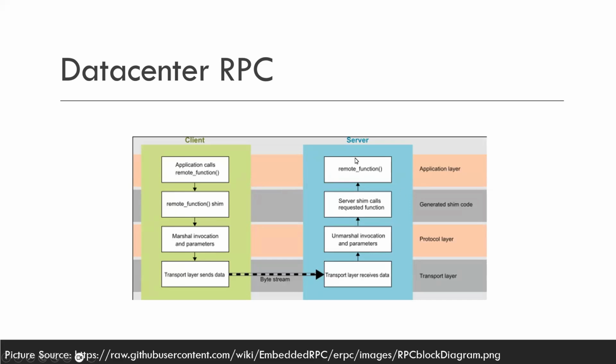After unmarshaling it, the server executes the remote function and sends a response back. So RPC works on pass by value, so a lot of data is transferred around. But due to its simplicity, it's very common to use on server-side applications.